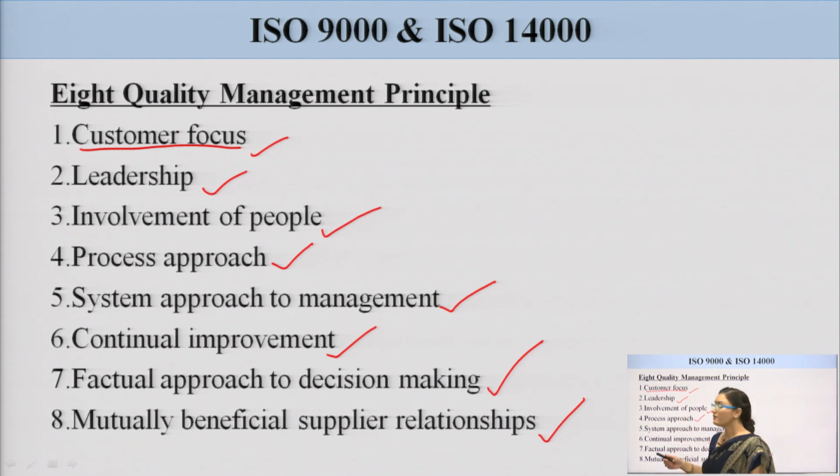As its name explains, it mainly focuses on customers, because the customers are the ultimate decision makers. So, what we have to do? We have to identify the current needs of customers and future needs of customers to improve our organization's quality management system.